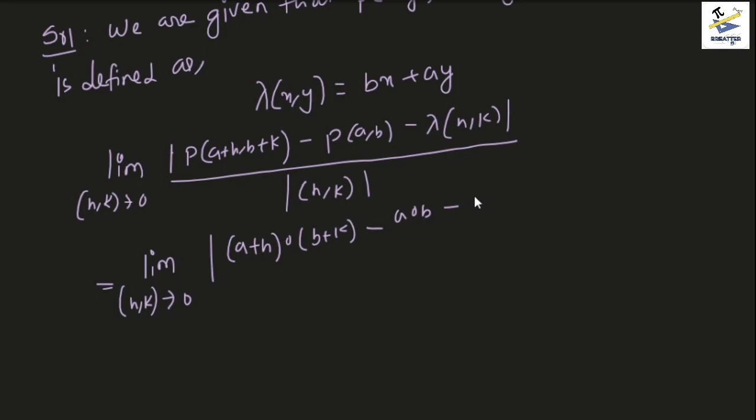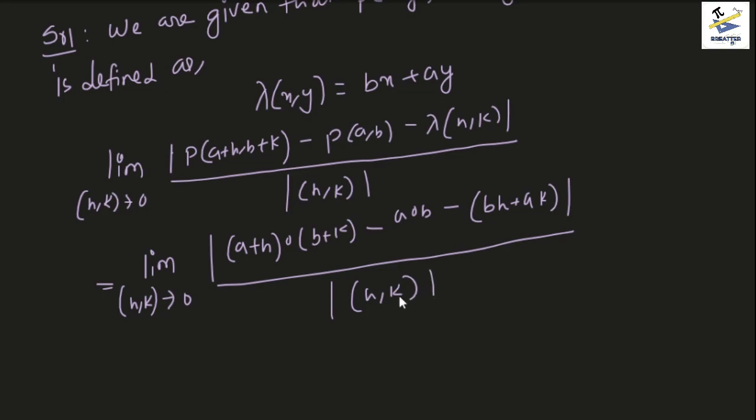And now lambda of (h, k) is the derivative that we are talking about, and this should be equal to bh plus ak.